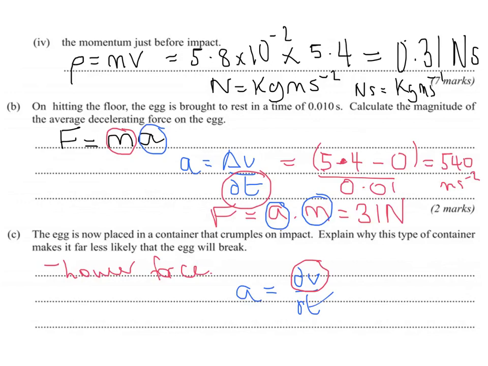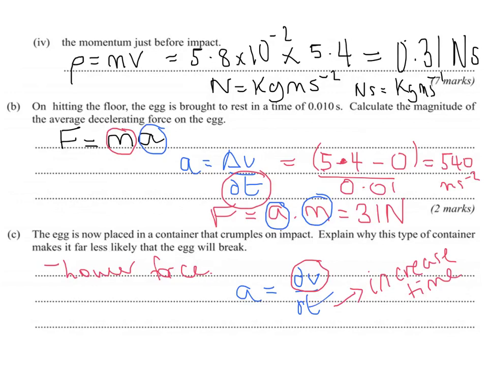So what's actually happening is that by placing a container around it which crumples on impact, you actually increase the time which the impact takes. So if you increase the time of the impact, you actually decrease the acceleration, and therefore you get a much lower force, which makes it much less likely that an egg will break.